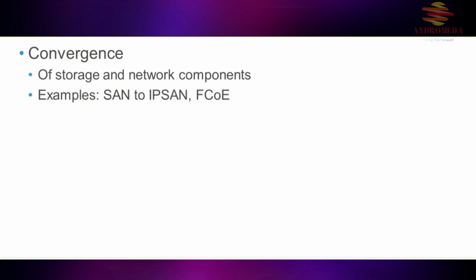computing. Convergence is another trend, and this is effectively trying to merge technologies. And one of the most common is storage and network components, and that is simply being able to access your storage using network components. And examples of this, and again, this is nothing really new, but we're just seeing more of it.